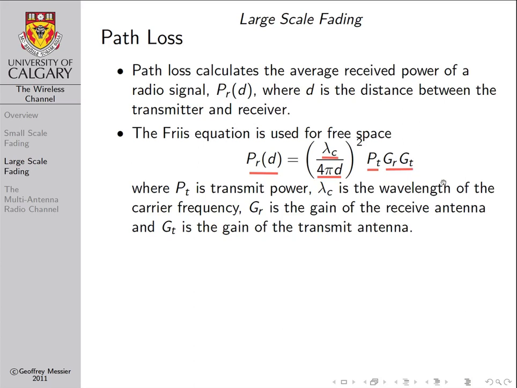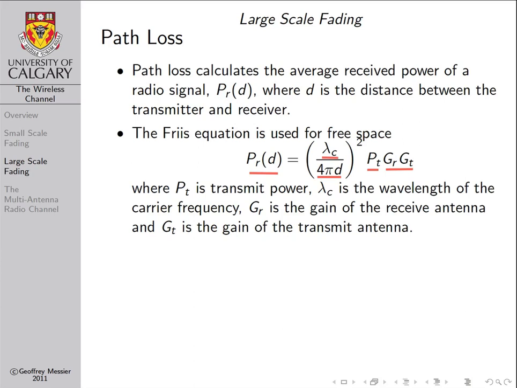Now, if your transmit and receive antennas radiate perfectly in all directions, then they both have a gain of 1. If you're dealing with a directional antenna, then typically you'll have some directions where you'll have a gain of greater than 1, and then you'll have some other directions where your gain will be less than 1.